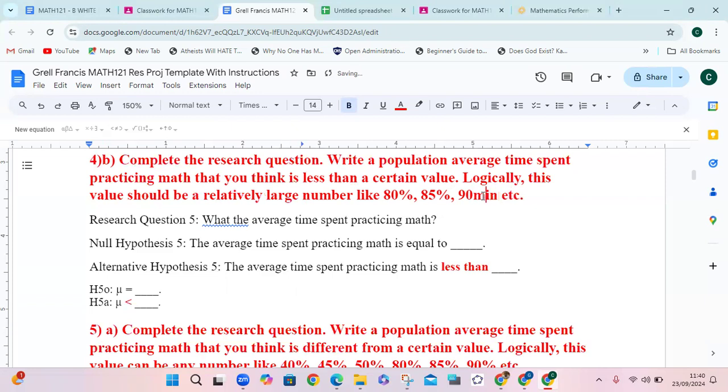So that was a copy and paste, and it was not edited. It's not percentage anymore. It's not positive math feelings. It's time. So think of a big number that your average time is less than: 90 minutes, less than 100 minutes, and so forth. I can put the less than, it's certainly less than 200 minutes.